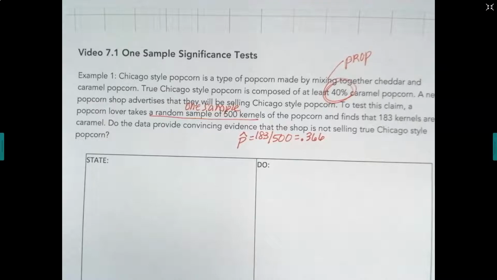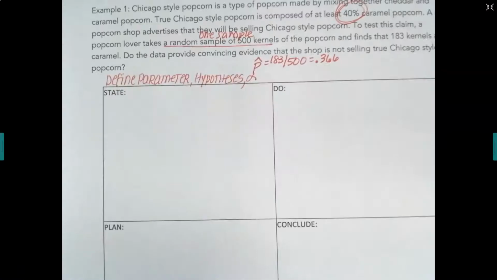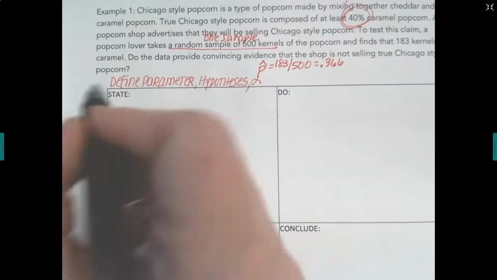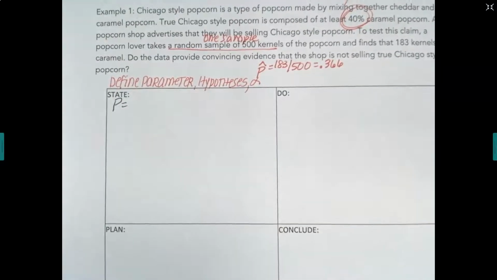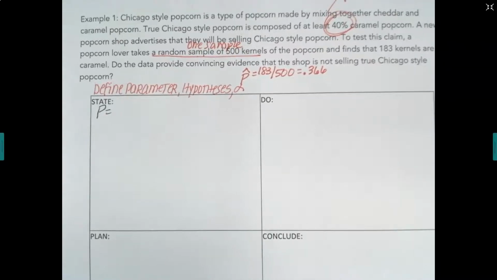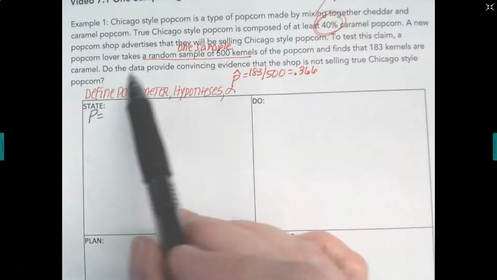All right, so for our state portion, we need to define our parameters, write our hypotheses, and include our alpha level. So for our parameter, we know this is a proportion, so we have to use the notation of P. And unlike a confidence interval, it's not exactly stated how we need to define here, but it's pretty close.